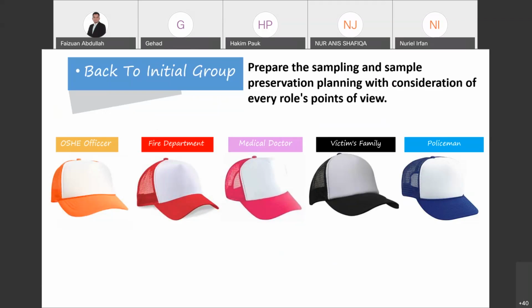As a medical doctor, you should discuss in the group with all the roles what you have discussed previously with the medical doctors group. The fire department is also similar: you have to voice out your idea, your planning, from the fire department group you discussed before, and similarly with the OSH officer.